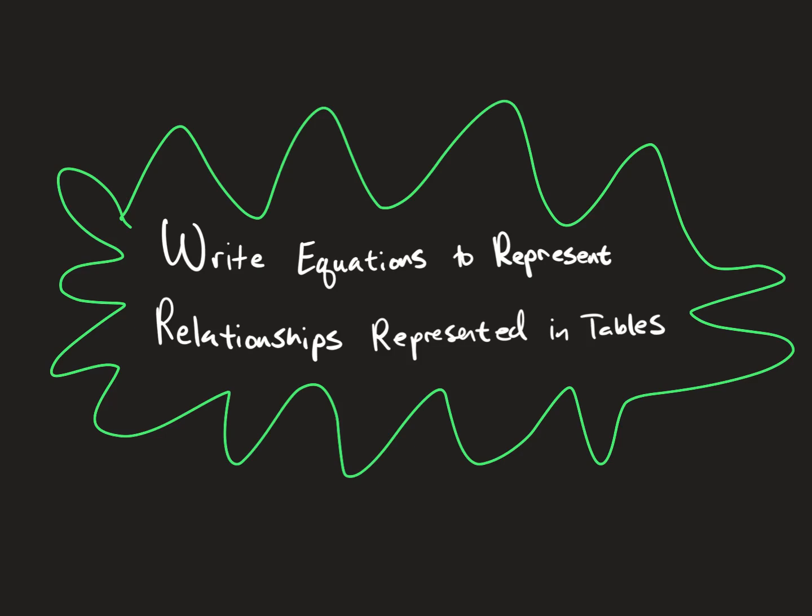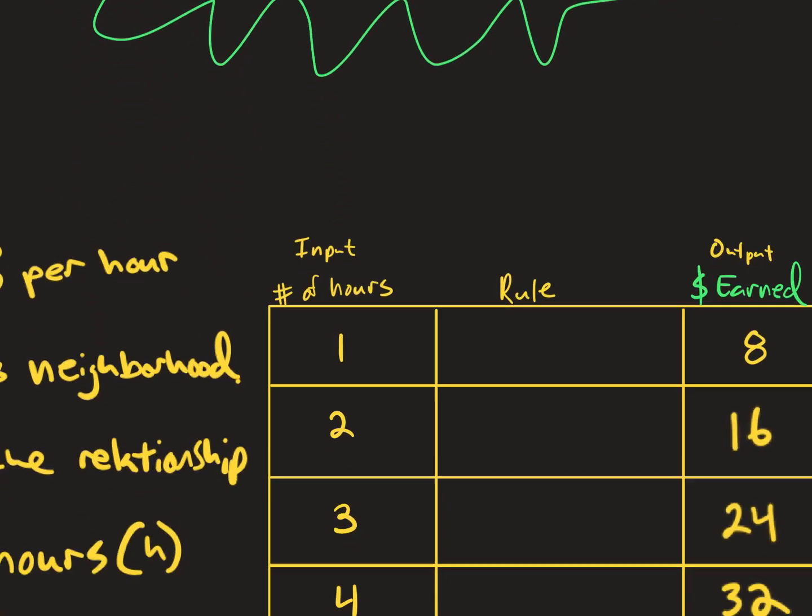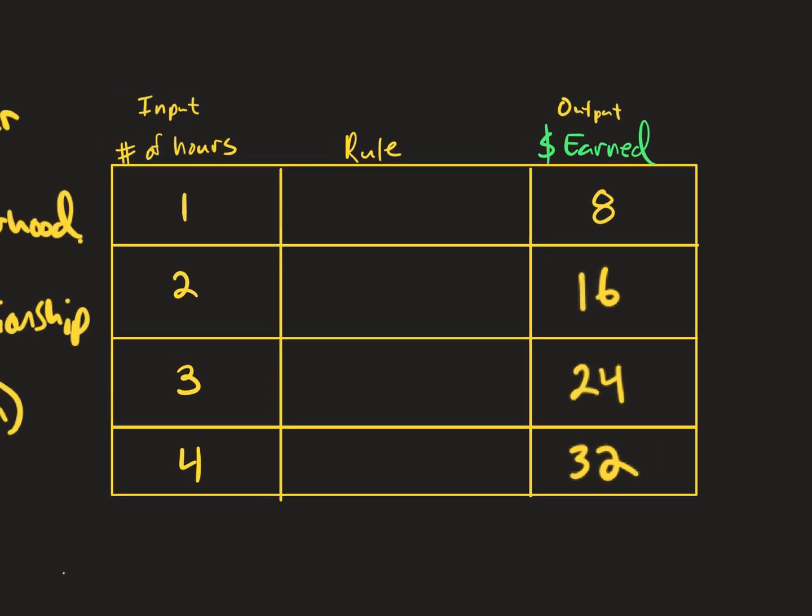Today looking at 7.2 writing equations to represent relationships in tables. Really long title, but today is a rather quick one. So for example, I have an input chart, and sometimes you'll see it with the rule in the middle, or you just have your input outputs, and then you have to find the rule.